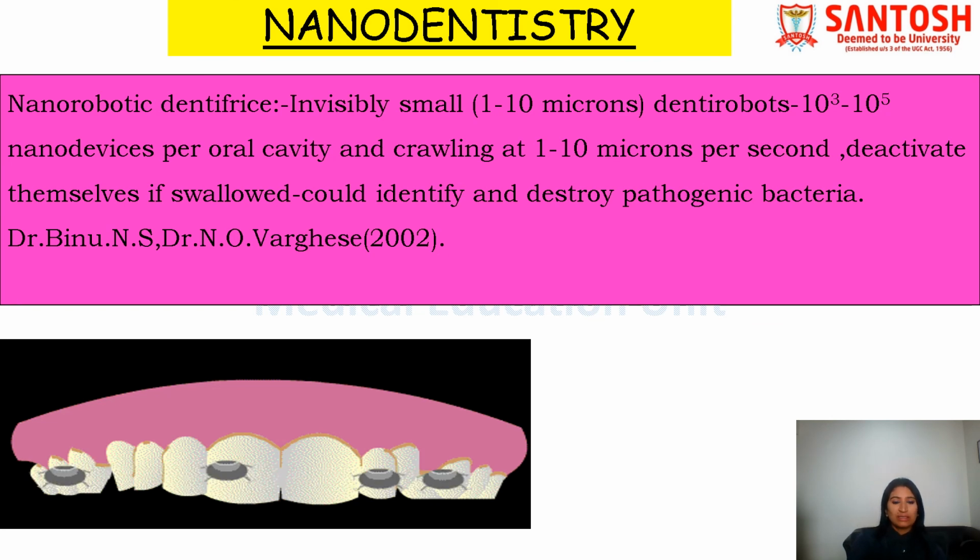Also, another advancement that is seen is nanodentistry, in which they have developed nanorobotic dentifrices, which are invisibly small, measuring 1 to 10 microns. Dentiro robots are there, nano devices per oral cavity and crawling at 1 to 10 microns per second. They deactivate themselves if swallowed and could identify and destroy pathogenic bacteria.